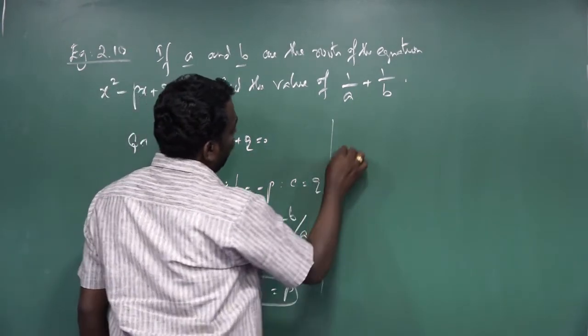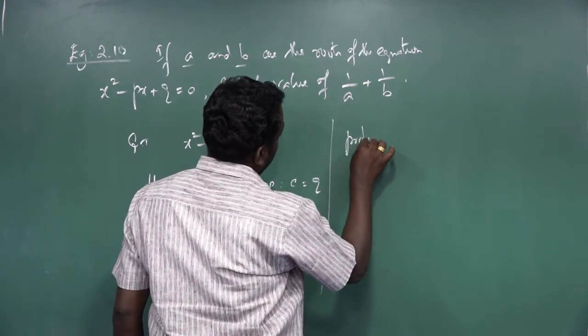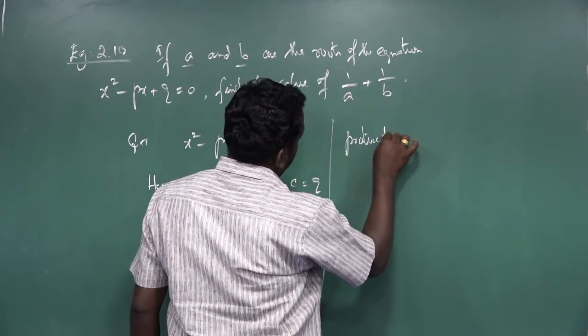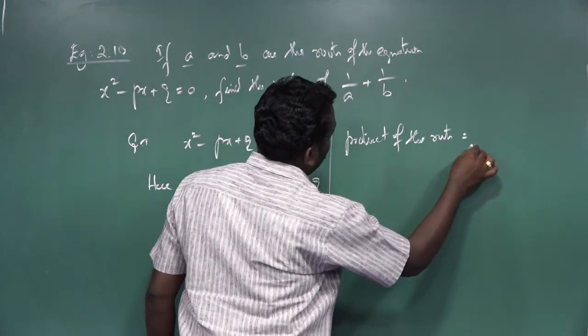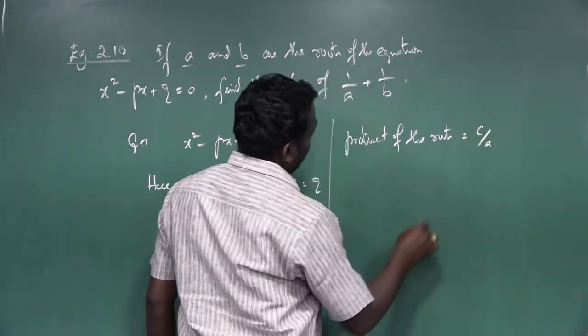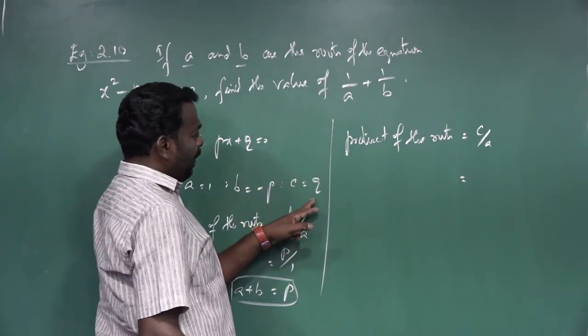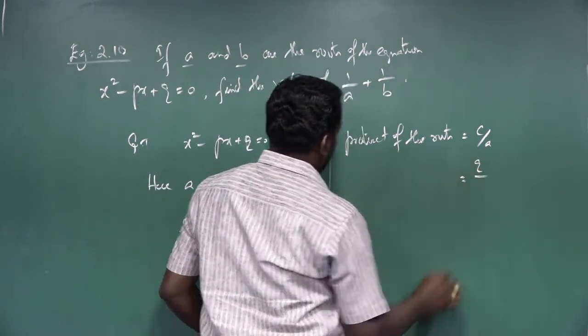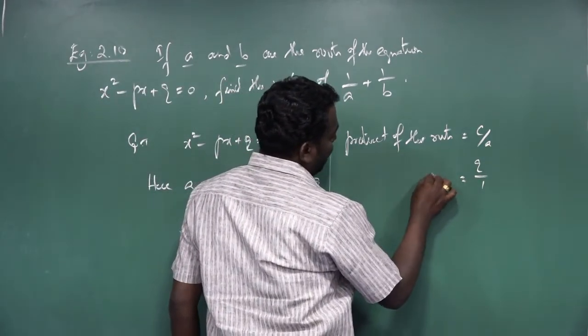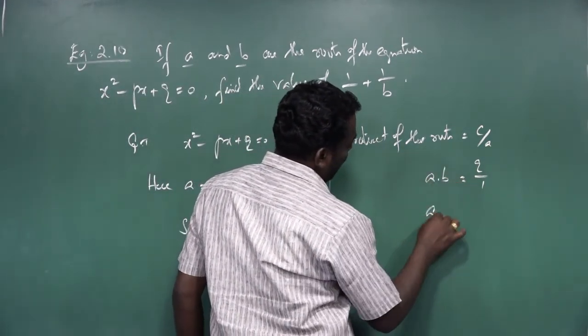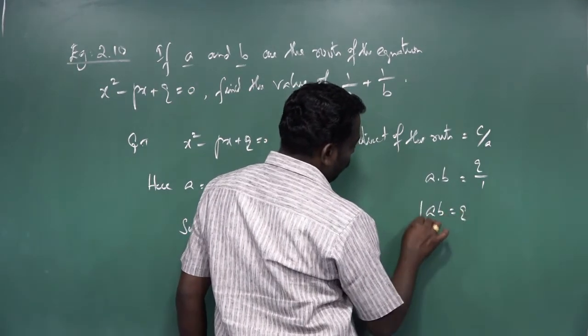The next one, the product of roots, that is equal to c by a, where c is q and a is 1. The product is a into b. Therefore, ab equals q.